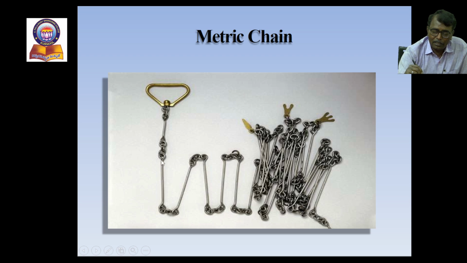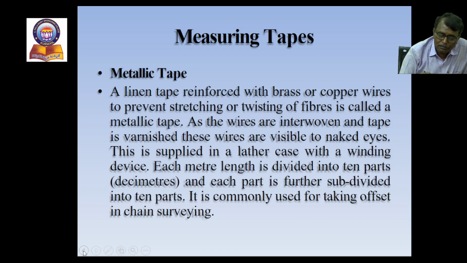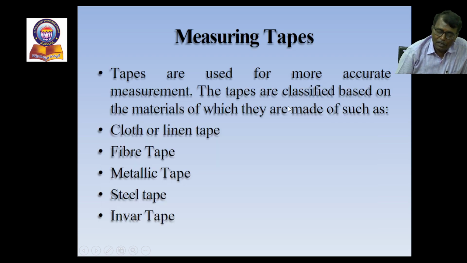And this is a link, each link connected with oval rings, and provided with brass tallies at every 5 meters: 5 meters, 10 meters and 15 meters, each with a different shape.